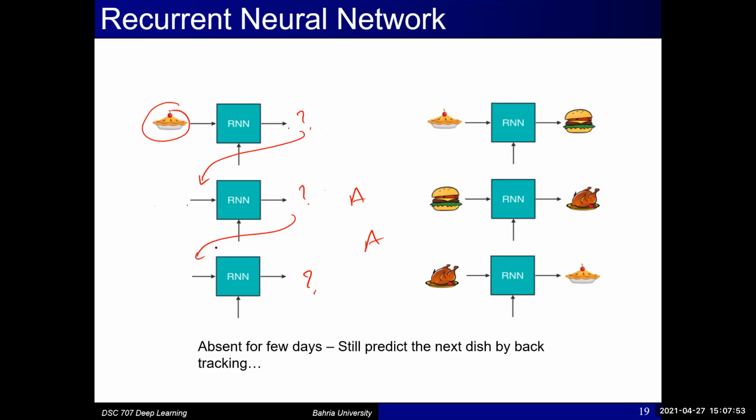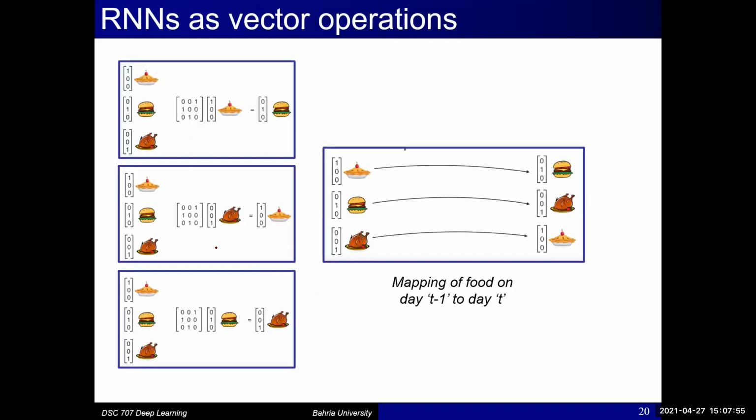Okay, so now if we want to model this, of course it is not complete yet, but if we want to model this by numbers, we again need a matrix which can map one dish to another dish. So you need a matrix that if you give this vector as an input, you multiply by the weights, you should get this, right? Similarly, if you give this as an input, we want this as an output, and so on.